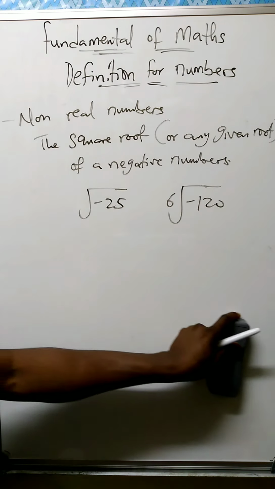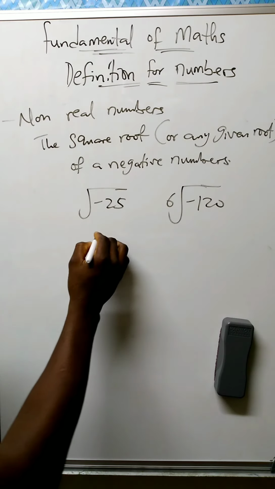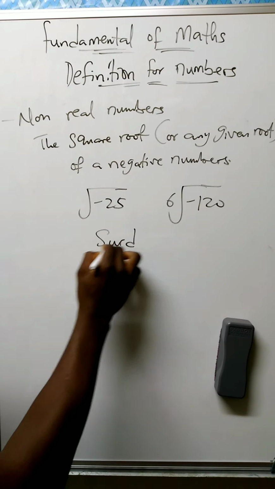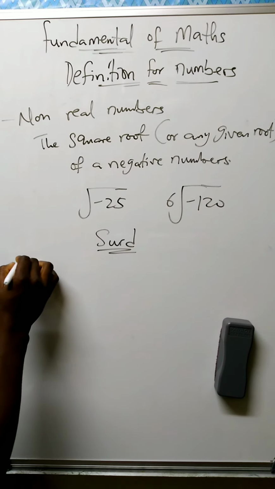They are not real. All right, before we call it a day, we're going to look at some aspects of surds. When we talk about surds, all roots are in surd form, and all surds are real numbers. That should be noted.